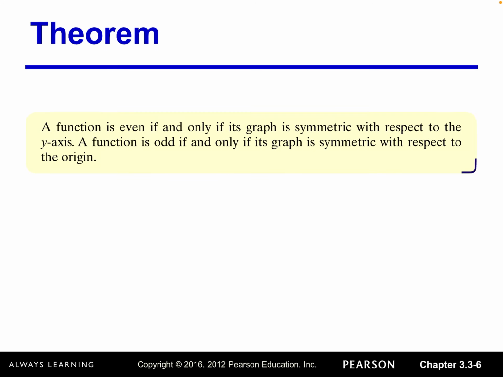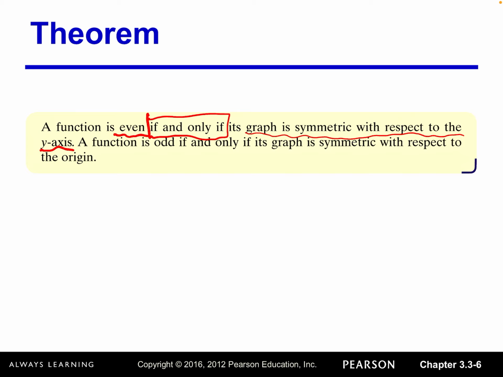And then there's a theorem that tells us the property about the graphs of even and odd functions. A function is even if and only if its graph is symmetric with respect to the y-axis. If and only if tells us both directions of the statement are true.